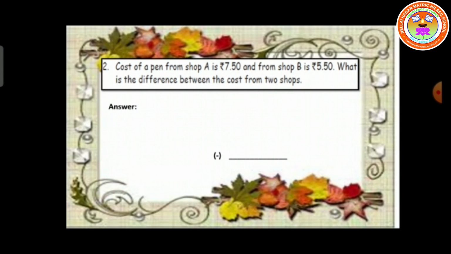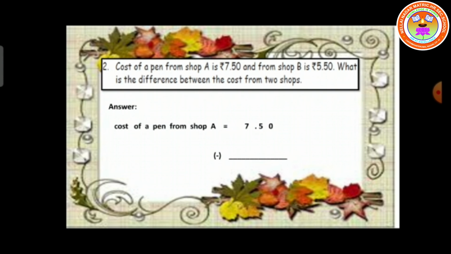Next. Cost of a pen from shop A is 7 rupees 50 paise and from shop B is 5 rupees 50 paise. What is the difference? Students, the difference, as we saw in many problems previously, right? If the word difference comes, we know that we want to do subtraction. Let us see the statements now.